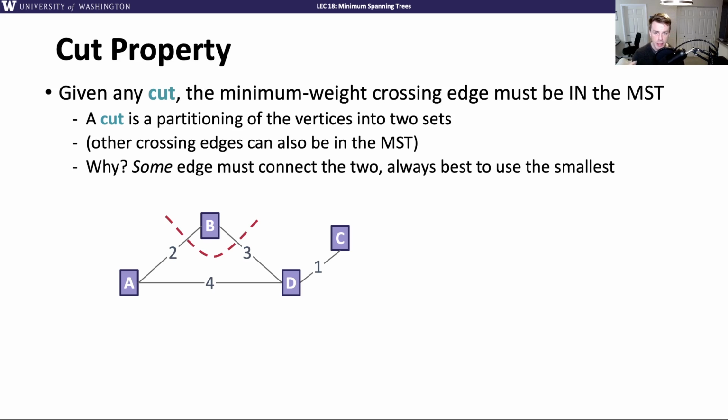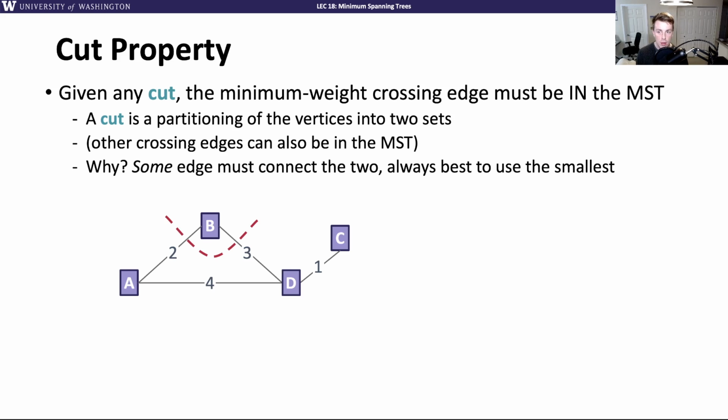The cut property says that if for any cut of your graph, so any partitioning, if you consider all of the edges that cross the cut, that go from one set to the other, so in this case, the edge AB and the edge BD, if you consider those edges, then the one with minimum weight must be in the MST.